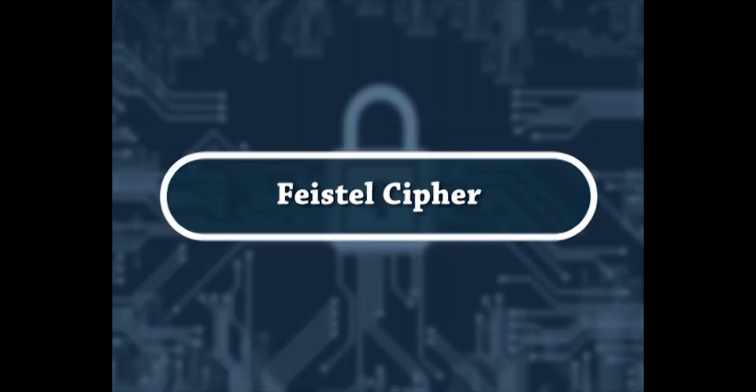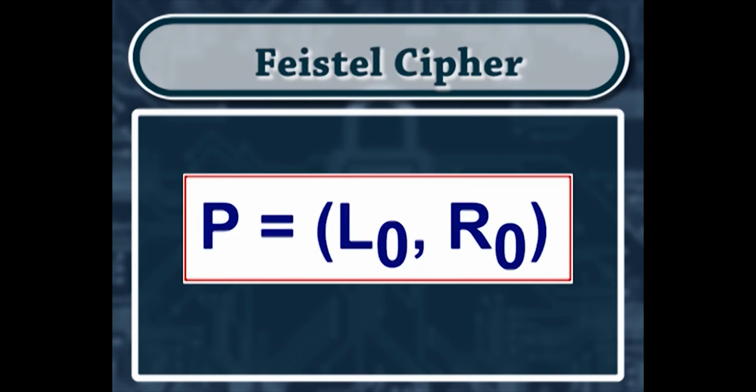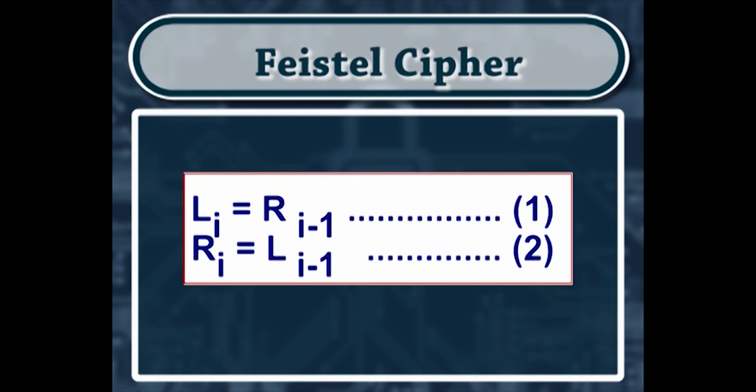Let us discuss the Feistel cipher in brief. A Feistel cipher, named after block cipher pioneer Horst Feistel, is a general cipher design principle, not a specific cipher. In a Feistel cipher, the plaintext block P is split into left and right halves, where P is equal to L0 and R0, and for each round i equal to 1 to n, new left and right halves are computed according to the rules as shown in the figure, where Ki is the subkey for round i.